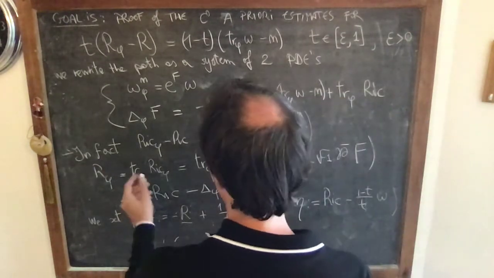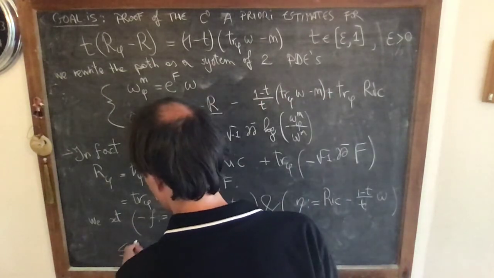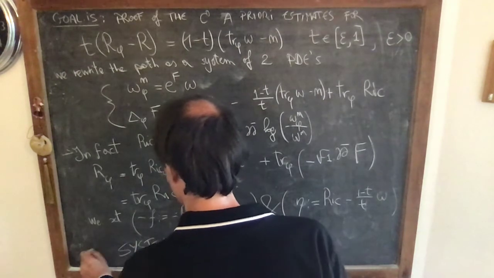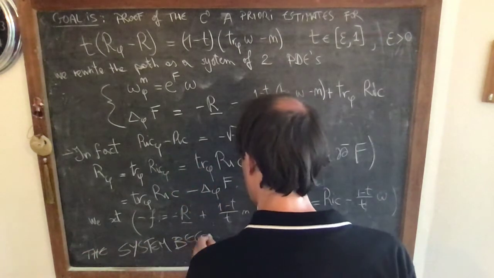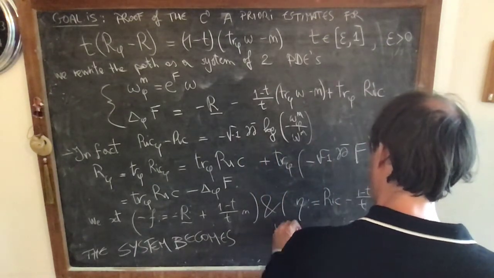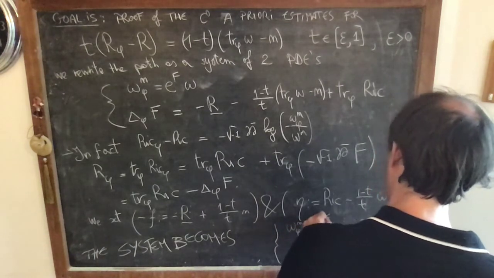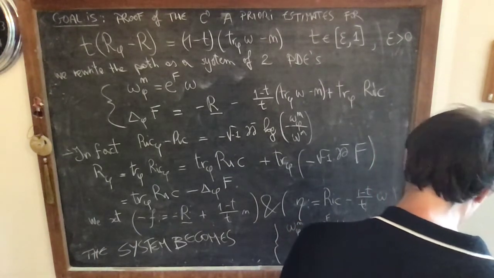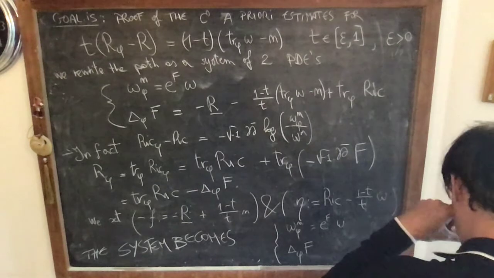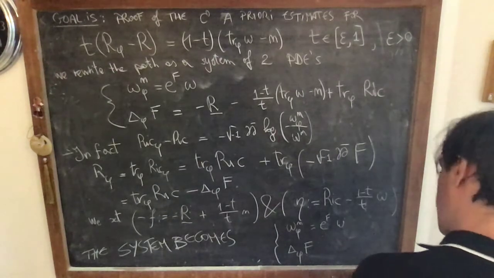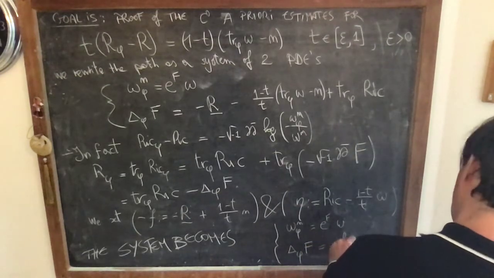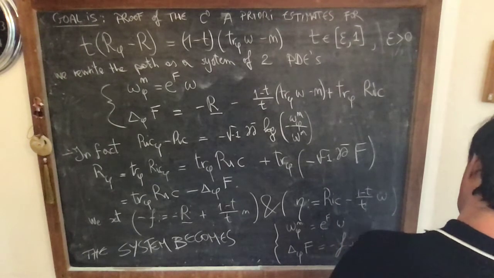So the system becomes: the first equation is unchanged, a non-degenerate Monge-Ampere equation with capital F, and the second equation is Laplacian of phi F equal to minus f plus trace with respect to phi of eta.